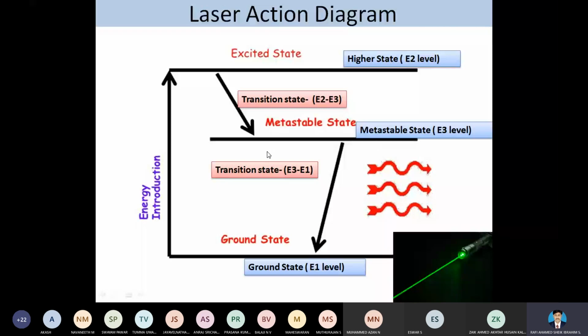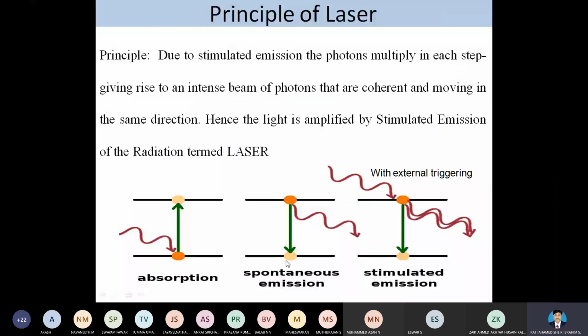So this is just an action diagram for the laser action. What we are getting as an output takes place with respect to these stages: rate of absorption, rate of spontaneous emission, and then the rate of stimulated emission.